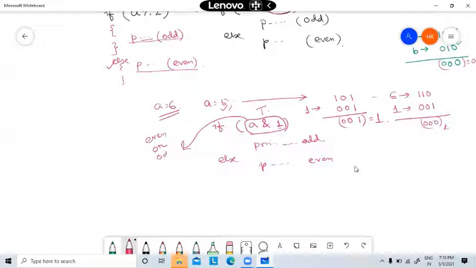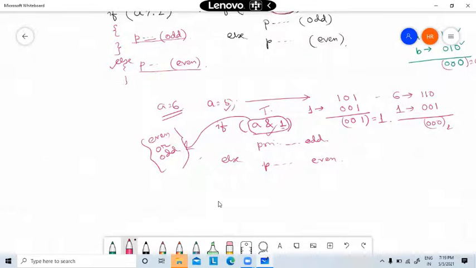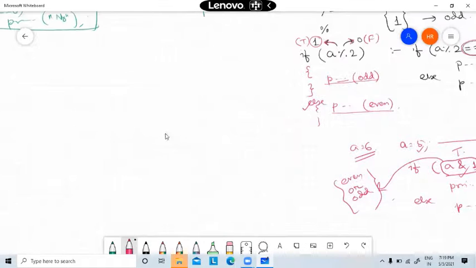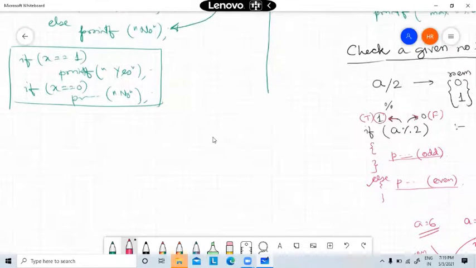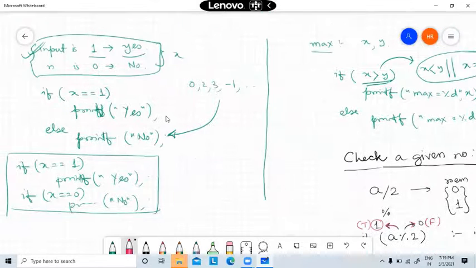This is one tricky question: you have to check whether a given number is even or odd without using the modular operator. Then you can do it like this. Okay, and I hope this bitwise AND is clear, and the logical AND is clear.